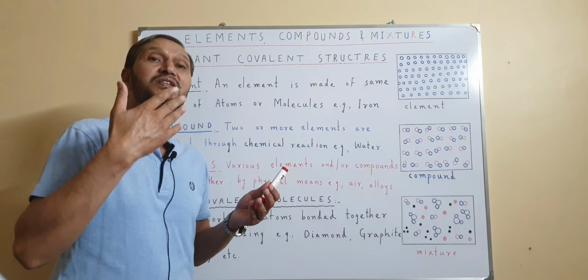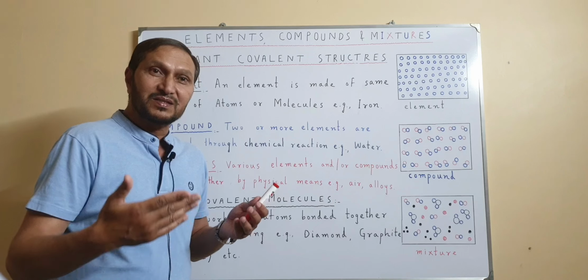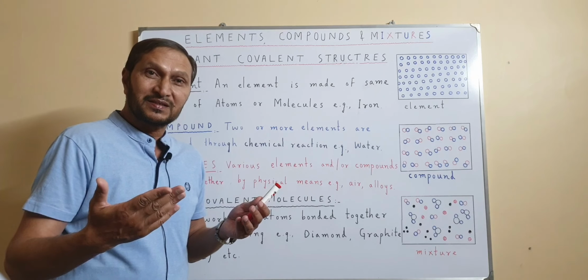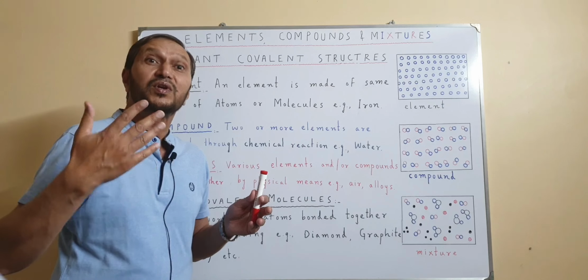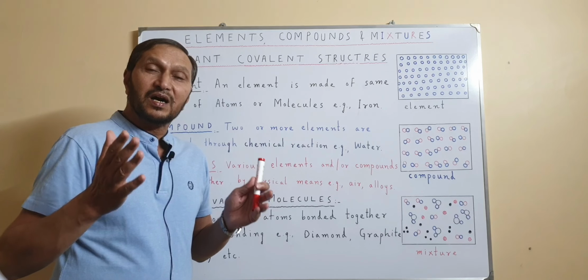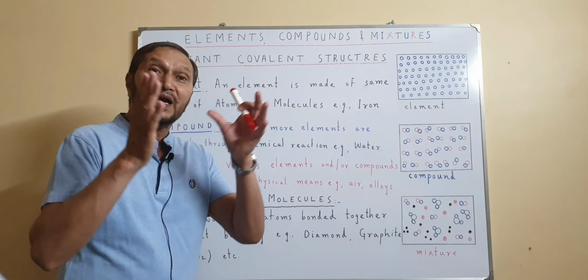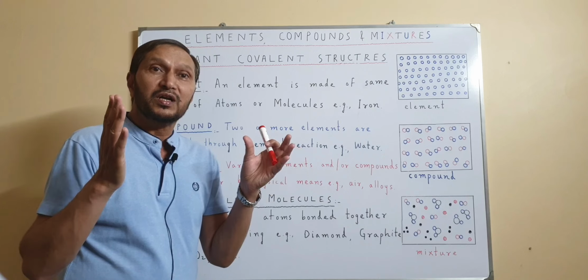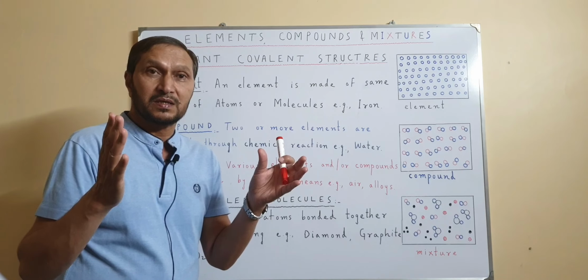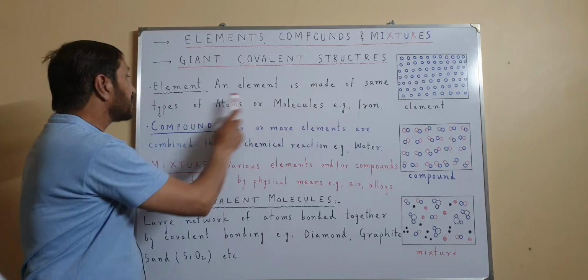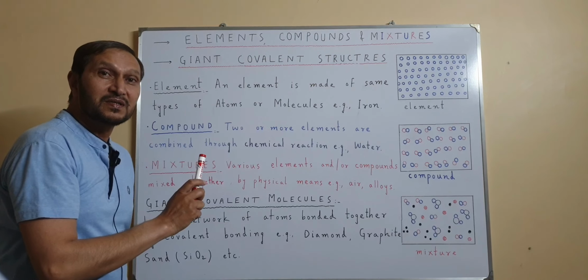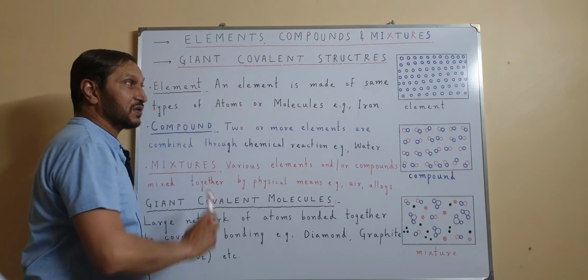For example, oxygen gas is a non-metallic element. Similarly, sulfur, phosphorus, these are elements. The one which you find in the periodic table is the list of elements. So I repeat that element is made of same type of atoms or same type of molecules.